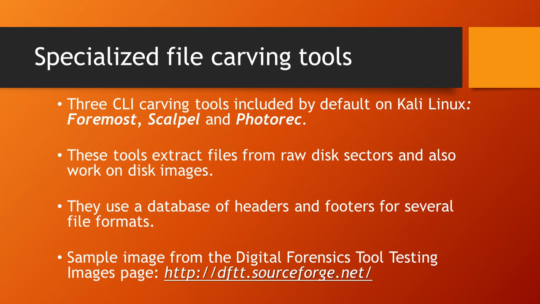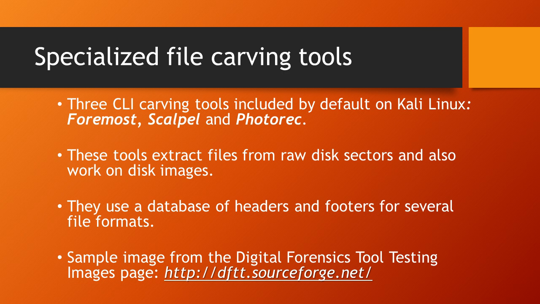Now we are going to introduce free command line carving tools included by default on Kali Linux: Foremost, Scalpel, and Photorec. All these tools carve files from raw disk sectors, on a lower level than the file system, relying on databases of headers and footers of many different types of files, and can also work directly on disk image files.